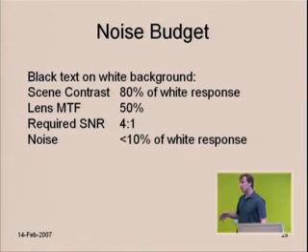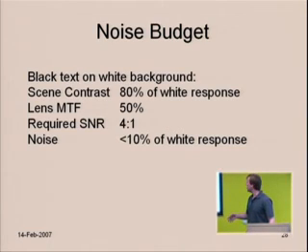The required signal-to-noise ratio was 4:1, and so that means that 1/4 of that 40%, or 10% of the white, is what the RMS noise has to be, around 10% or less of the full range white response.